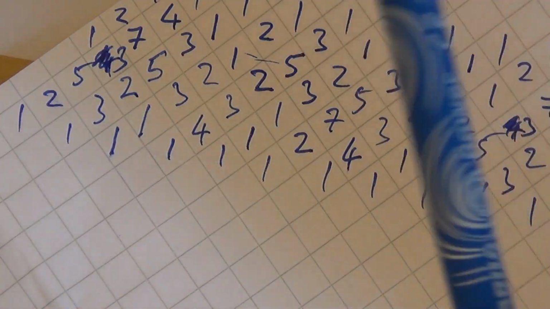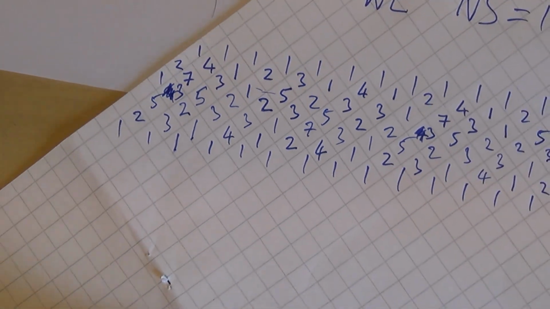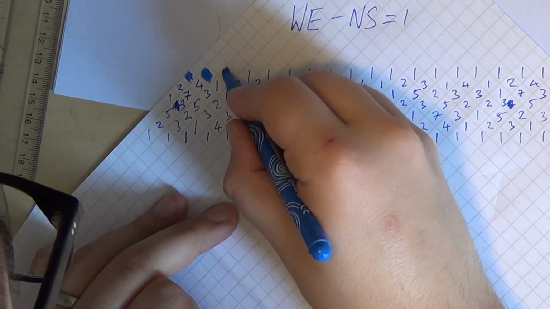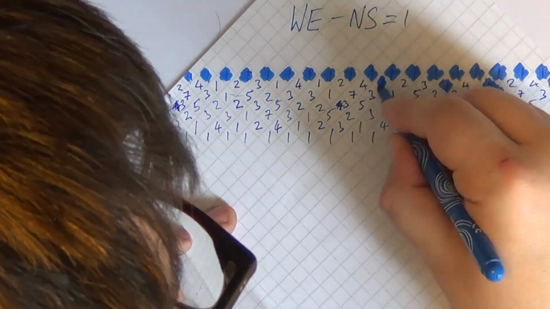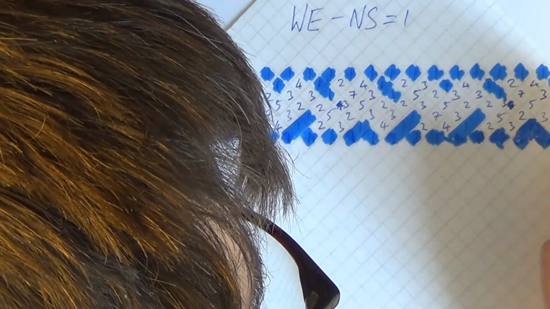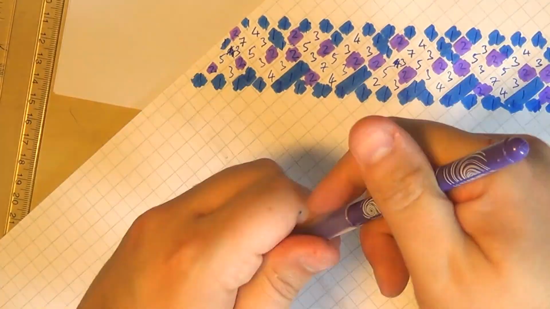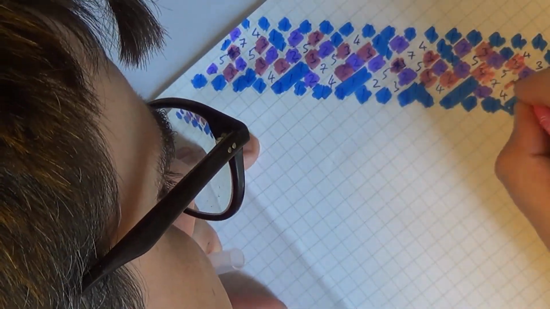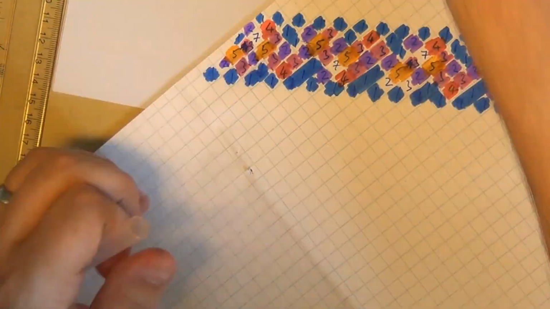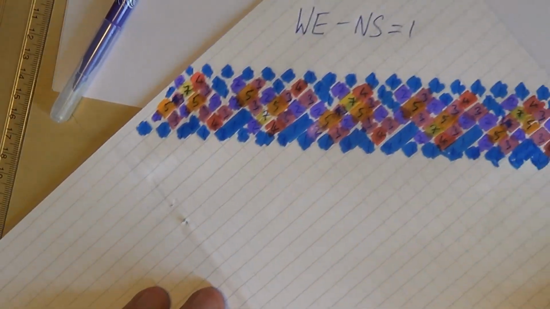So I'm going to whip out the colours now, probably fast forward a bit, and do all the ones in a colour, all the twos in a colour, and so on. And you get that frieze pattern.